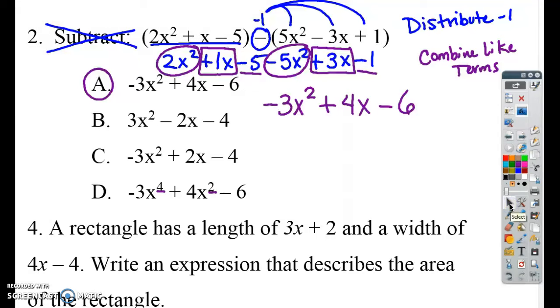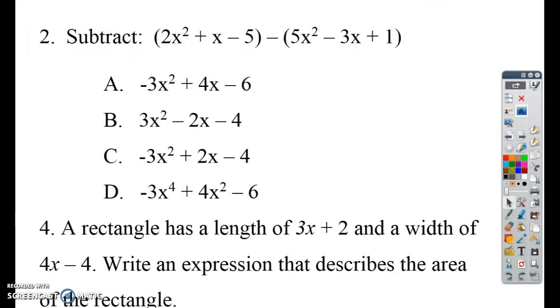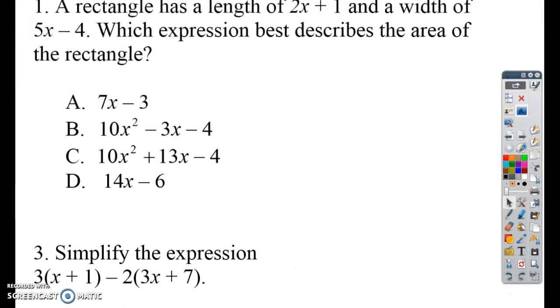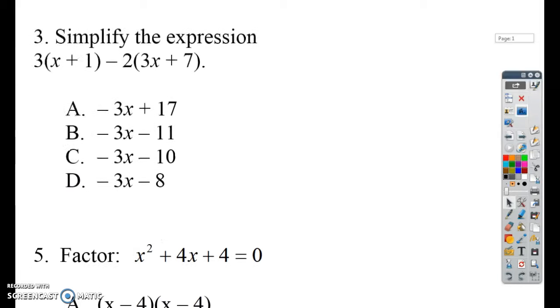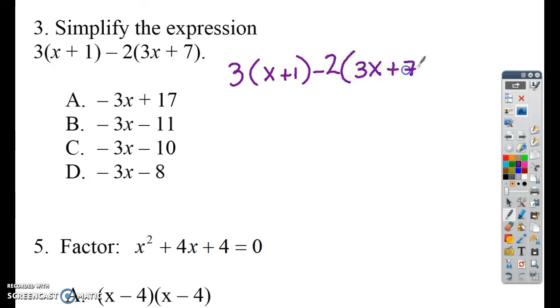Let's look at problem number 3. Simplify the expression. You would do this exactly like we just did problem number 2. So I'm going to rewrite it. It's 3 parentheses x plus 1 minus 2 parentheses 3x plus 7.